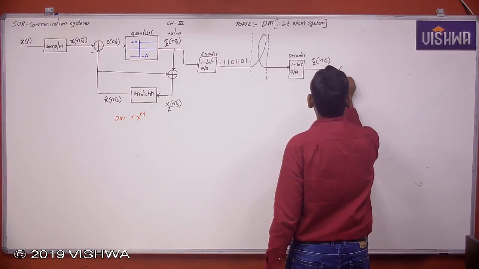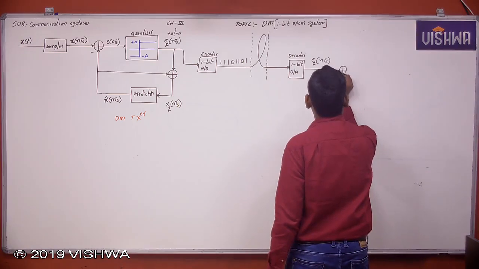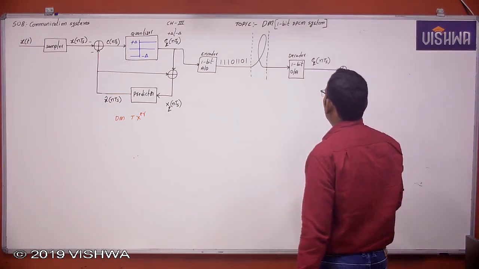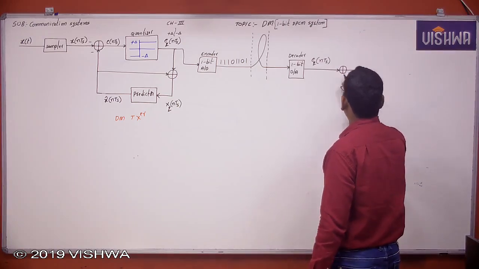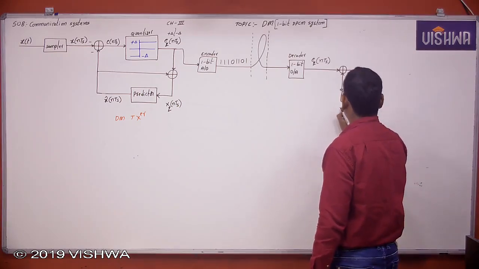So now this is the decoder output. Now we'll take the same help of this predictor. The predictor output is X cap of nTs.